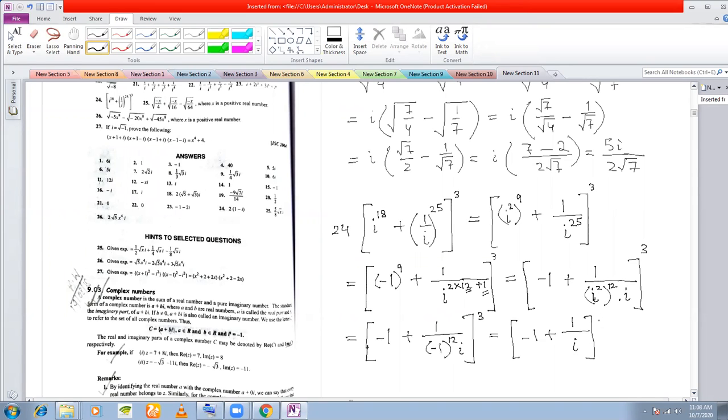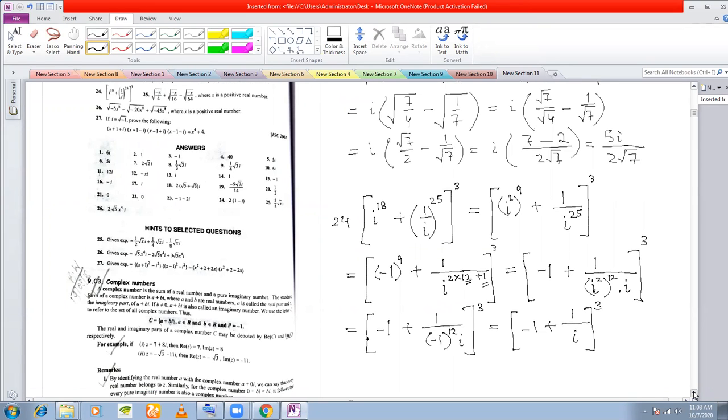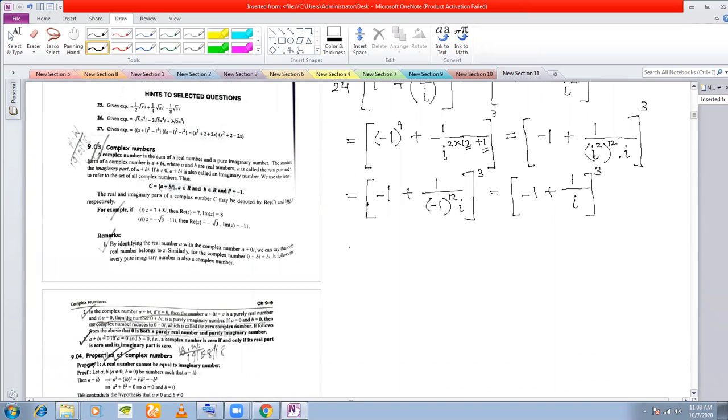Now what you do is, you're getting a 1 by i, so you take i to the numerator. Inside this bracket, you multiply numerator and denominator by i. So you get minus 1 plus i by i squared, whole cube.